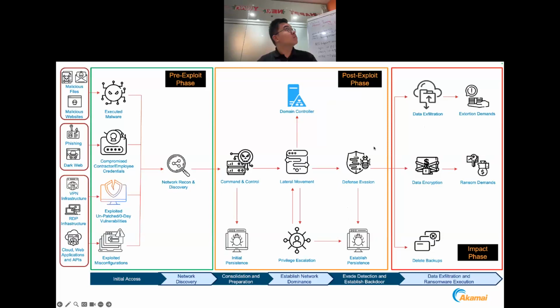Those are the things attackers try to do to achieve the final result, which in this case, if we talk about a ransomware attack, is the general process the attacker follows in the environment until they get the ransom from the victim.